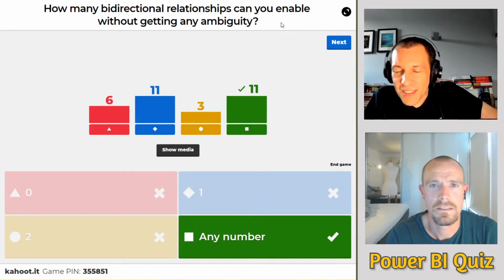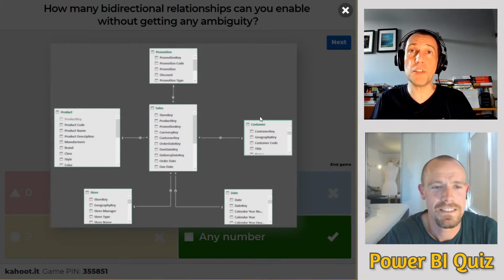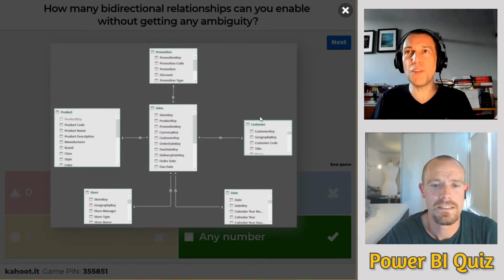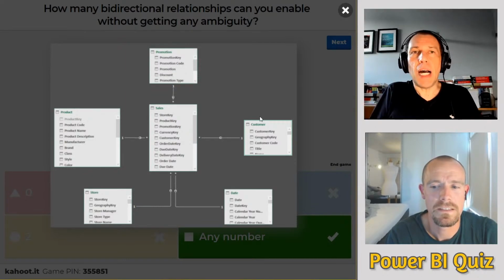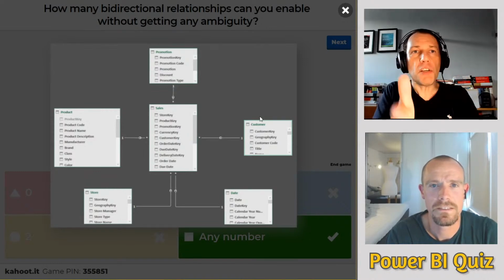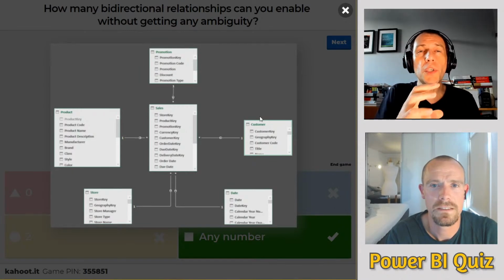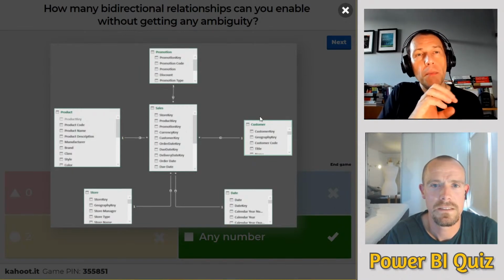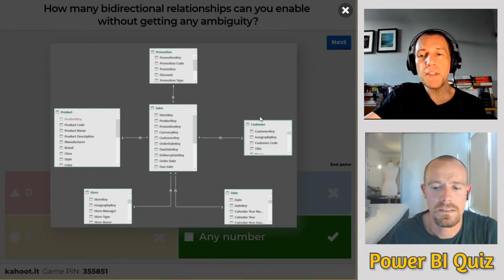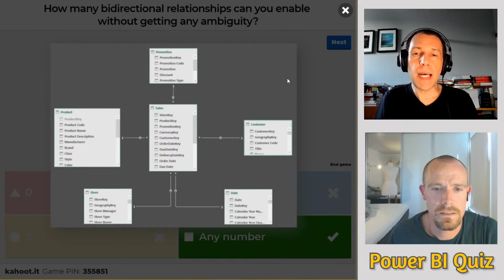Now this is funny because we always say don't use bidirectional filters in a relationship, which is true. Okay, in general, don't use that. But in a star schema, if you apply bidirectional filters, you don't have any side effect in the short term. So if you enable bidirectional filters to all these relationships, nothing happens. You don't have side effects. But you are paying the price for that, a big price for future extensions of the model, because as soon as you add another fact table to this model, you're in trouble, and you get any kind of ambiguity in your model.